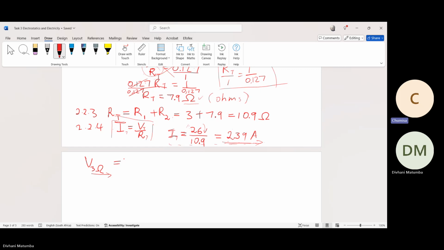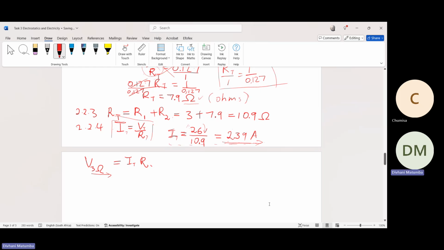Isn't it 168, sir? I don't know the unit. Yeah, but I want the formula first. Voltage equals, Ohm's law, so voltage is equal to current multiplied by resistance. That's it.